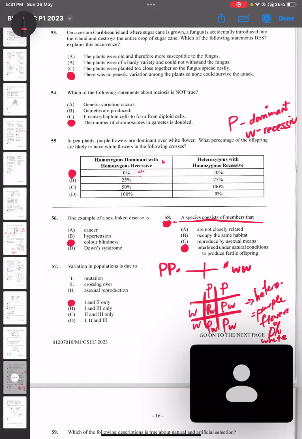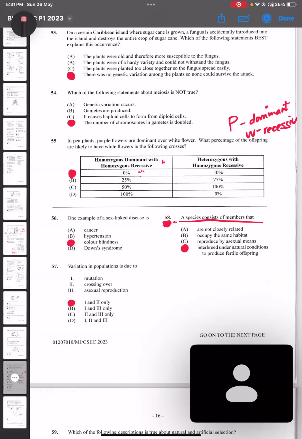If you wanted to go further just to be sure, it says heterozygous with homozygous recessive, PW with WW.